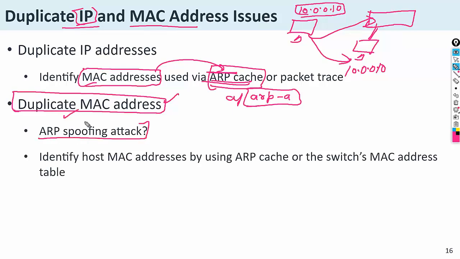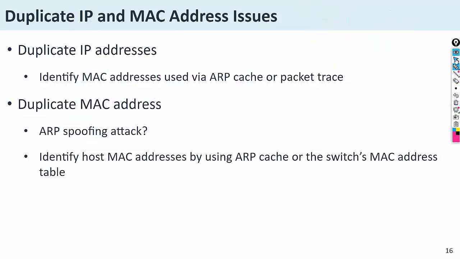It is called an ARP spoofing attack. We will discuss it later. To identify the real host address, use the ARP cache or delete the memory, or use the switch MAC address table to find out the real IP address and real MAC address.